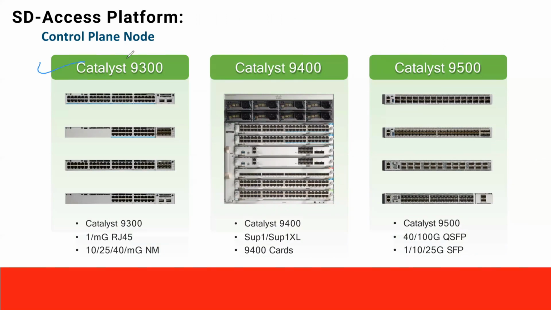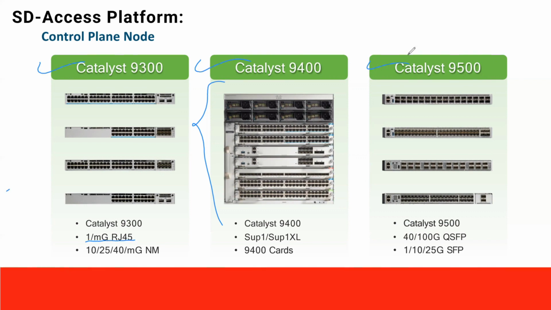We have the new Catalyst 9300 series, 9400 chassis switch, 9500. You can see 9300 supports the RJ45, that is directly the endpoint connectivity, the normal CAT connectivity. 9400 also has the same thing.